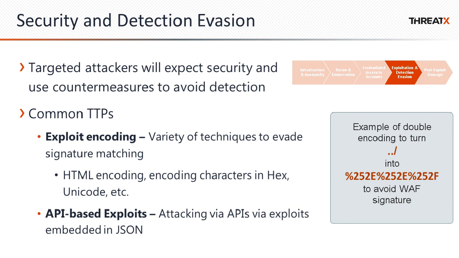Also API-based exploits. It's not enough just to look into the headers and the arguments and the body and do regular expression type signatures. Nowadays, a lot of the business logic in the application is using JSON, whether it's in the body, say in a web app, or more commonly in an API, or what we're also seeing nowadays is JSON being used within WebSockets. WebSockets is used to speed up the performance of the application.